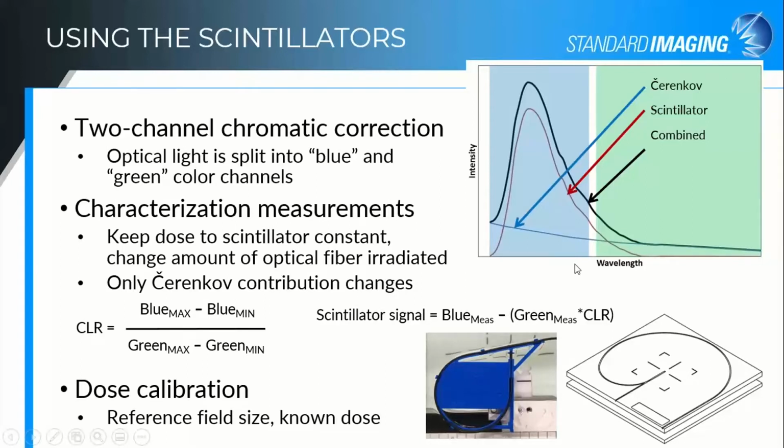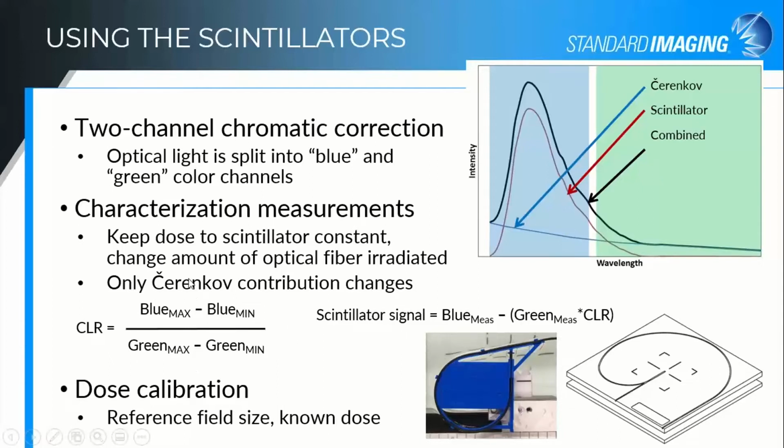So if you do 2 sets of measurements, keeping the dose to the scintillator tip, the active region of the scintillator, constant, and changing the amount of optical fiber that's irradiated, then only the Cherenkov contribution changes in both of these channels. So we look at the difference in the blue channel between what we call a maximum fiber configuration, that's the large amount of fiber in the field, and a minimum fiber configuration where you have the fiber coming straight out of the field.